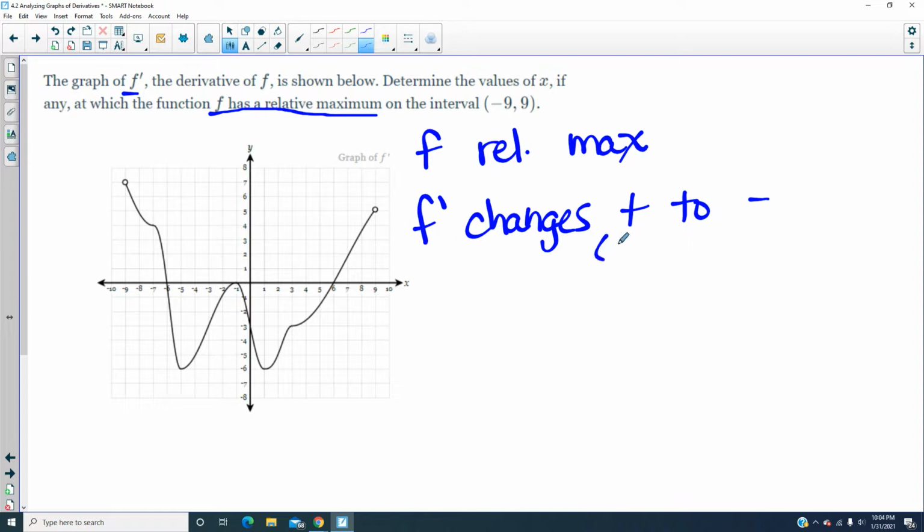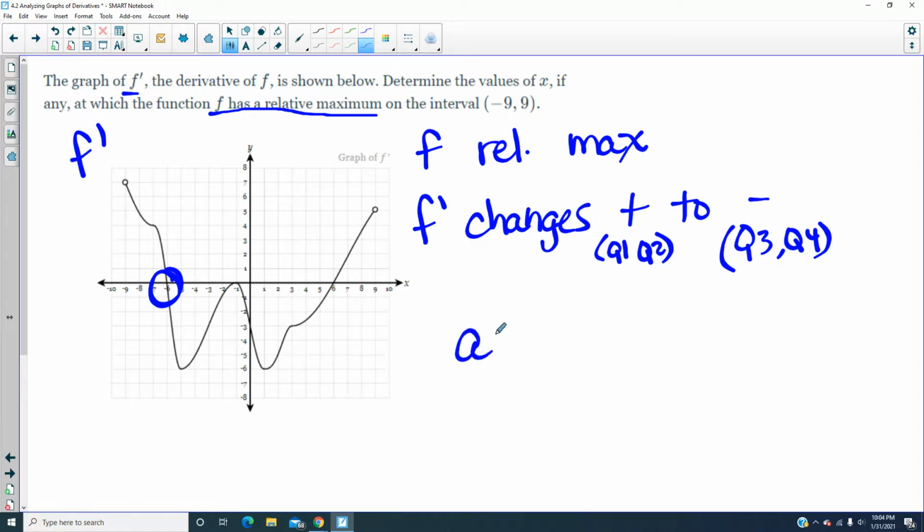So positive meaning that the graph would be in Q1 or Q2, and then all of a sudden it changes to quadrant 3 or quadrant 4. And again, this is a graph of f prime. So f prime is positive, changes to negative, so right here. And then it doesn't ever change from positive to negative again. It changes from negative to positive, but not positive to negative. So this would be at x equals negative 6.